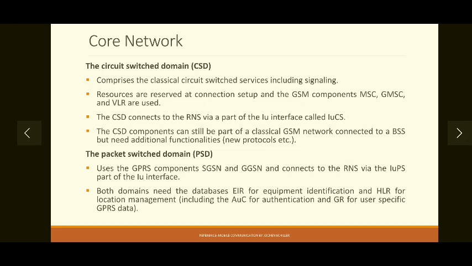Both domains need the databases for equipment identification and location management. Apart from that, no additional protocols will be introduced for supporting third generation communication. Okay, so core network is the backbone of the entire mobile communication system, which includes 3G, 2.5G and 2G.